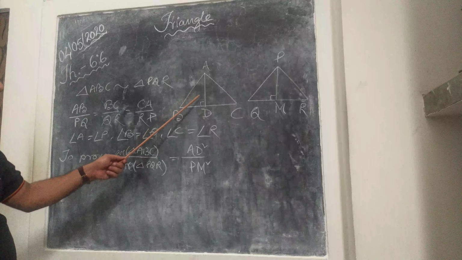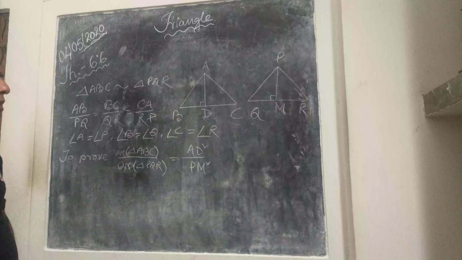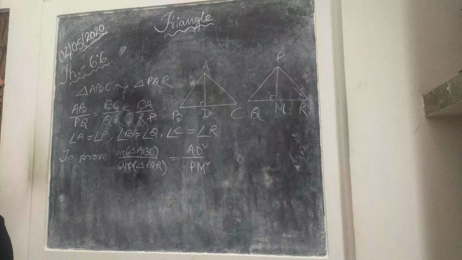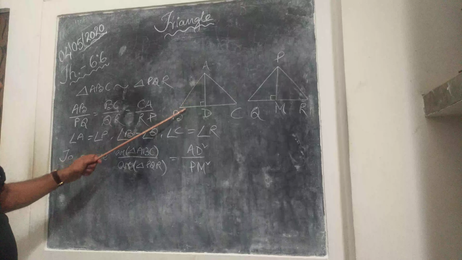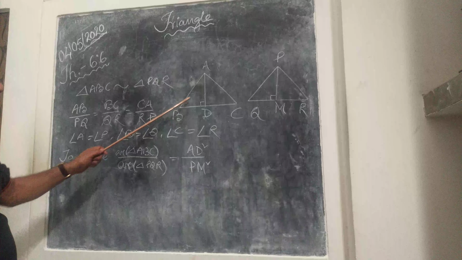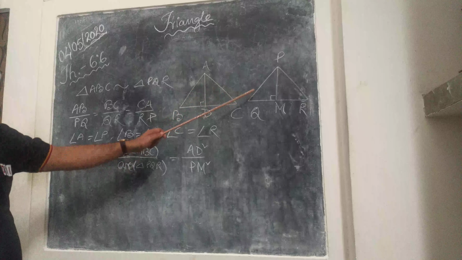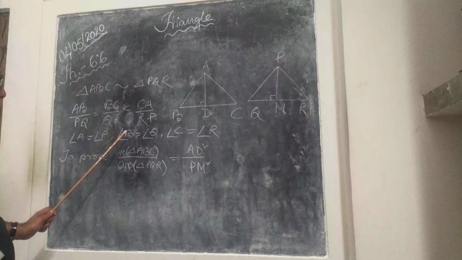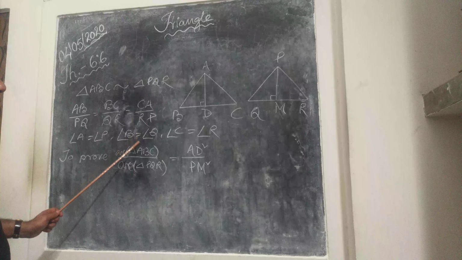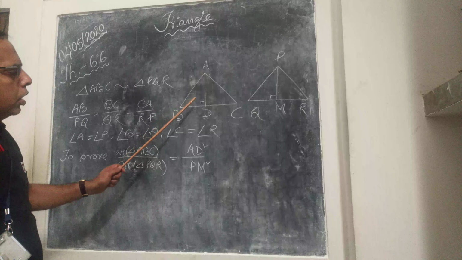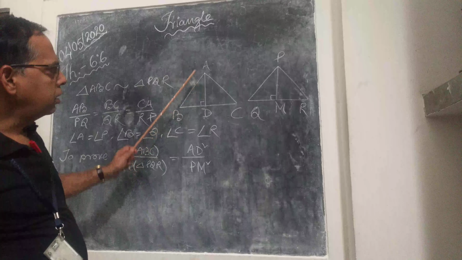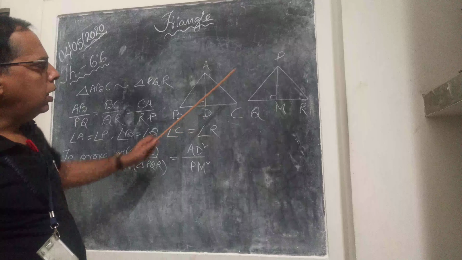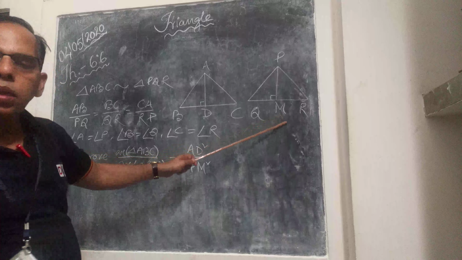We already have angle B equal to angle Q according to the given condition, and angle D equals angle M, that is 90 degrees. That means triangle ABD and triangle PQM are once again similar.